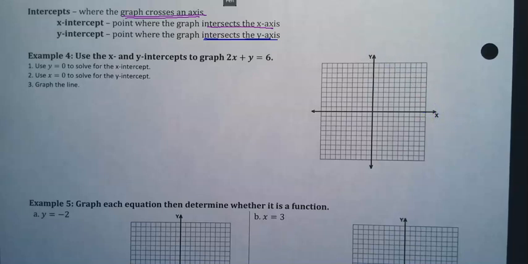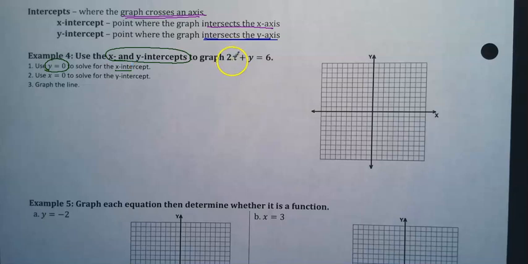All right, so we're going to do example 4 on this graph. It says use the x and y intercepts to graph. So we can use these intercepts to graph an equation. That's pretty awesome. The way to do that is we're going to use y equals 0 to solve for the x-intercept. We're going to put 0 in for y, and that gives us the x. That might seem kind of weird, but that's okay.